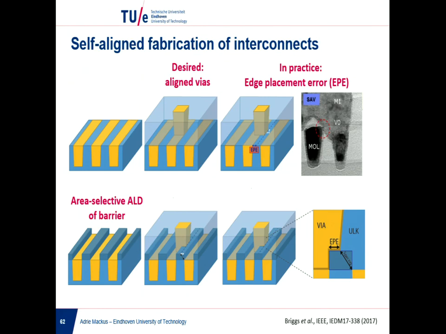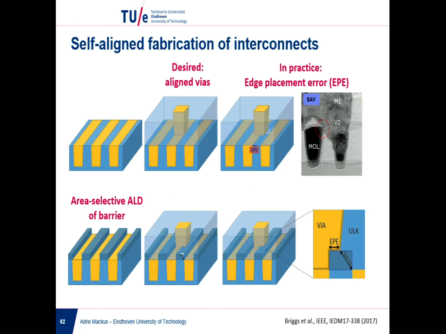So how can we solve this? Well, you could think about maybe selectively growing this copper via. In practice, that will be very difficult because of the aspect ratio of the structure. We'll come back to that later. But the solution that people are considering or working on at the moment is to selectively grow a barrier layer here. Here, the yellow is copper, the blue is a dielectric. So what we want to do here is selective deposition of a dielectric on a dielectric without coating this copper.